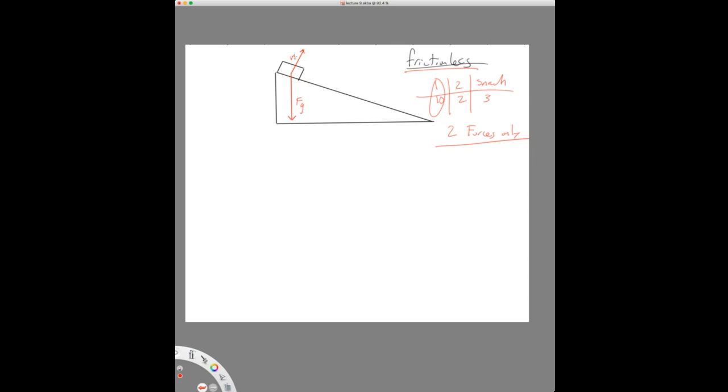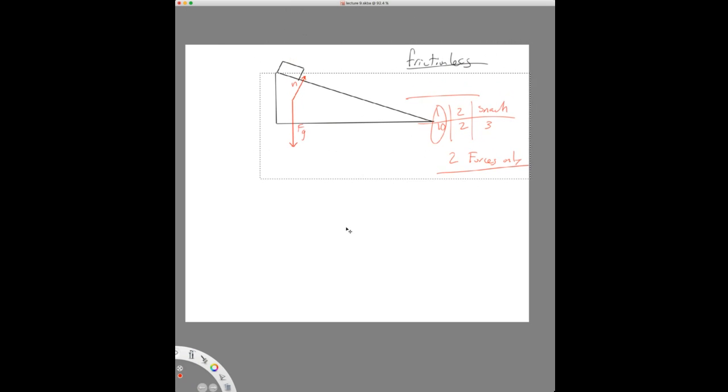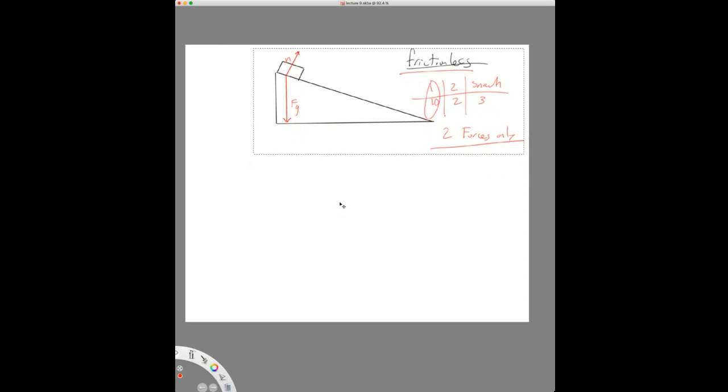The normal force probably is a little bit longer than that. Something like this. Okay, now let me pause because this is the correct diagram.